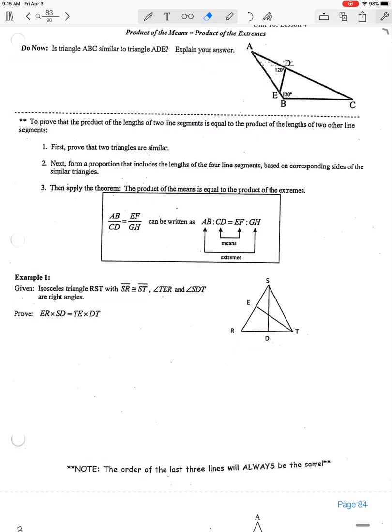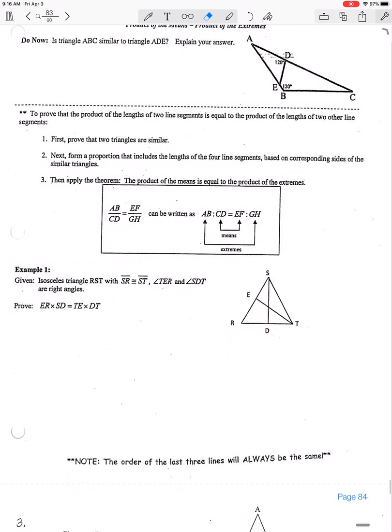So we have isosceles triangle RST with SR congruent to ST, and angle TER and angle SDT are right angles. They want me to prove that ER times SD equals TE times DT. So really, there's 3 steps when we do this.